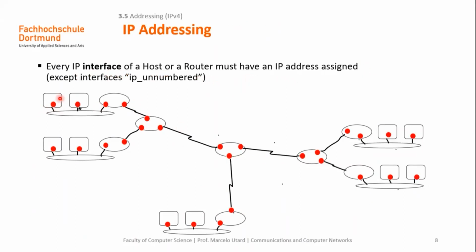In this diagram, we can see different hosts that are connected across a local area network, and those hosts, for instance, are connected across a router to other routers using different wide area network technologies.